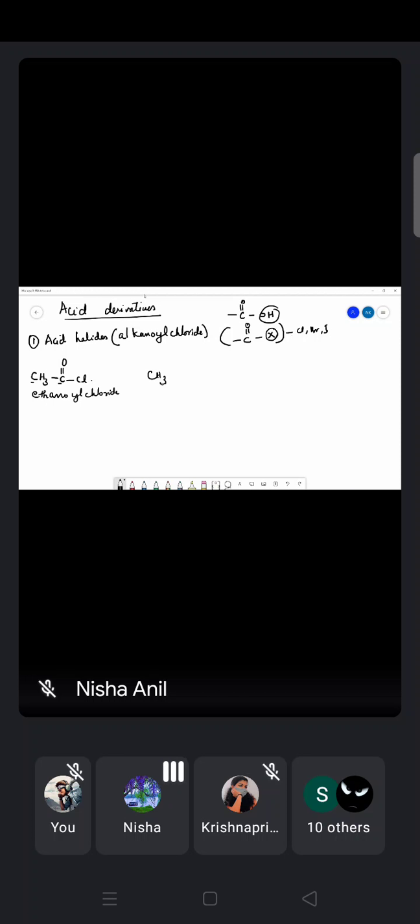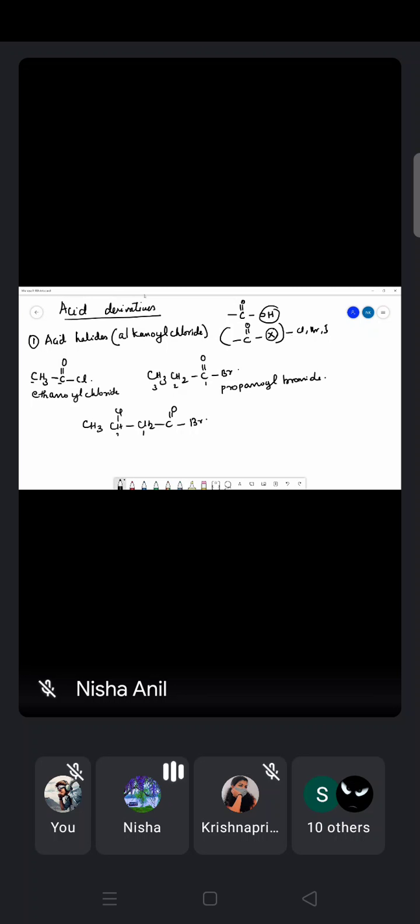Next is CH3CH2COBr. This is 1, 2, 3. So it is 3 carbon atoms. So propanoyl bromide. Then another one, CH3CHCl CH2 C double bond O Br.